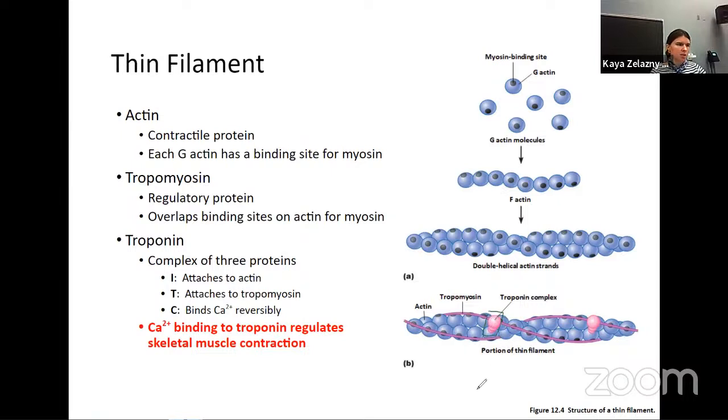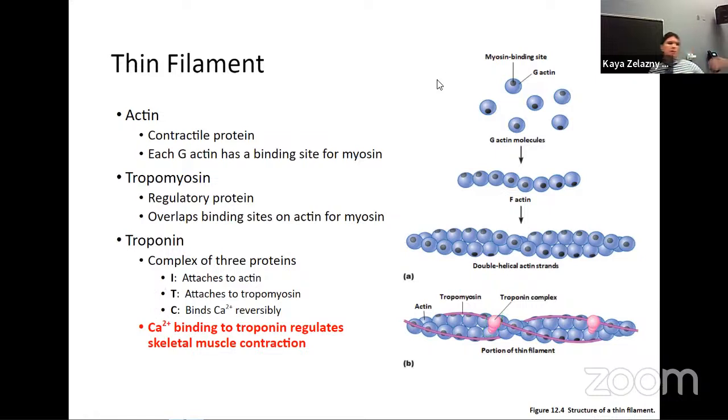Troponin is a complex of 3 proteins, and its role is to push the tropomyosin aside, to push that little pink strand to the side to uncover the myosin binding sites for when we contract. The troponin complex has 3 little pieces: an I part that attaches to the actin, a T part that binds to the tropomyosin, and a C part that binds to calcium.